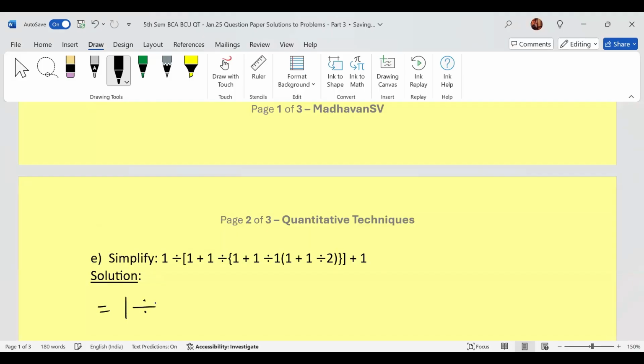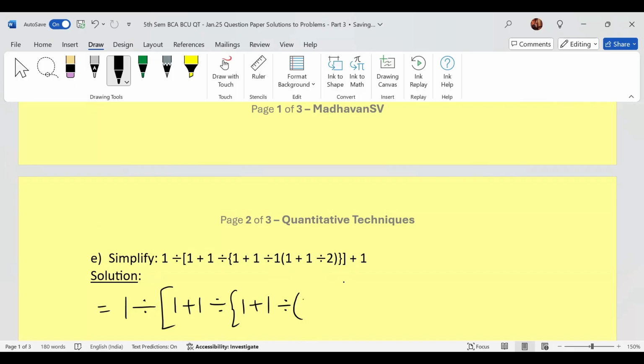So we will write 1 divided by box brackets, 1 plus 1 divided by flower brackets, 1 plus 1 divided by 1 is getting multiplied, means that 1 is getting multiplied with this entire thing. So we need not write 1.